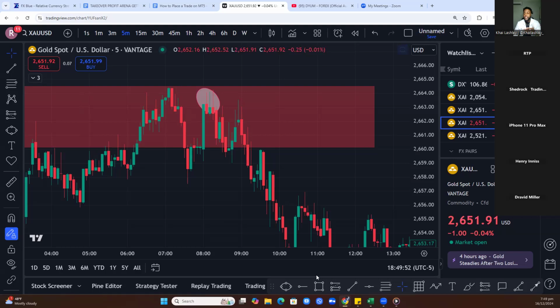Let's say, for example, here, price is in our supply zone, we have those multiple rejections, those candlestick rejections, those long wick rejections. Then pushing out of that area, we can also see that engulfing candle, out of that area. So price gives us that momentum down right here.